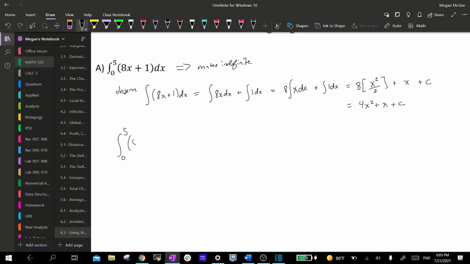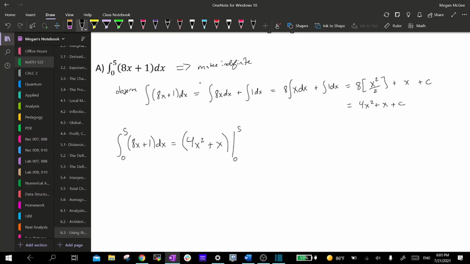The integral from 0 to 5 of 8x plus 1 dx is going to be our function 4x squared plus x evaluated at, so I'm going to put these in parentheses, and then we use a vertical bar to mean evaluated at 0 up to 5. So we found the antiderivative and we need to evaluate it at the endpoints. I'm not including c, and I will show you why in a moment.